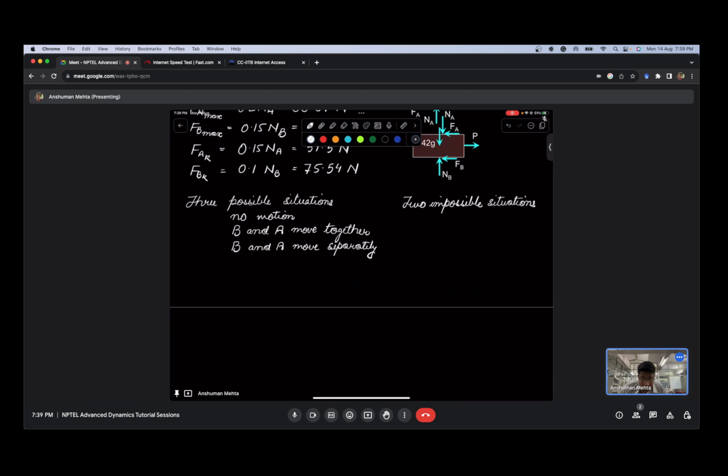Those are B moves alone, because what will happen, since Fa will not be equal to 0, so A will move eventually, and second is A moves alone.